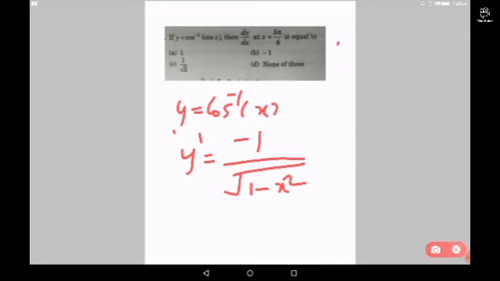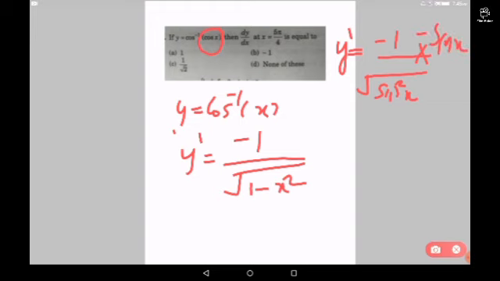So that will be y dash is equal to minus 1 by root of 1 minus cos square x, that will be sin square x, into, it is not x, it is cos x, so we should proceed with chain rule. So what is the differentiate of cos x? That will be minus sin x.